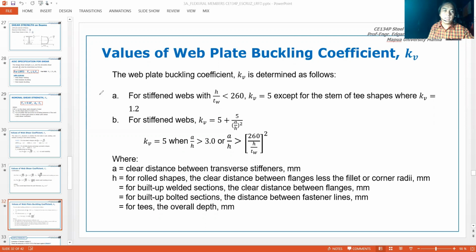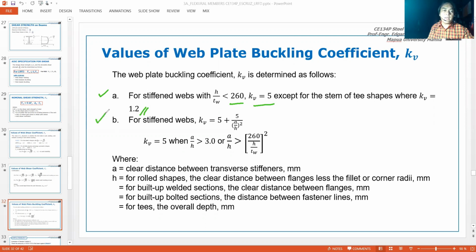So we have two cases here. Case A is kapag unstiffened web with H over TW less than 260, the Kv would be equal to 5, except for the stem of the T shapes where Kv is equal to 1.2 naman.